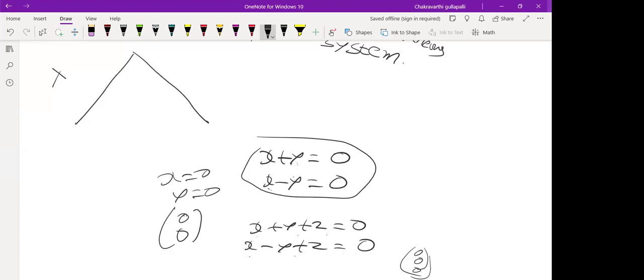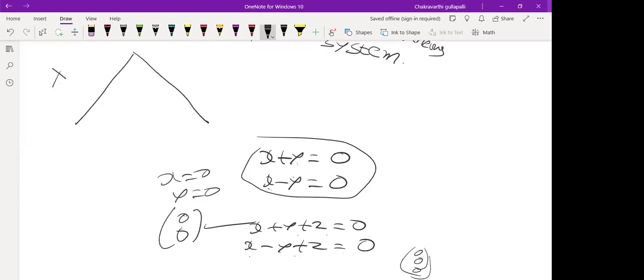For a homogeneous system, the 0 solution is always a solution, because if you put the variables as 0, it is automatically satisfied. The question is whether that is the only solution, or whether the system has some other solutions also. These are the two things we have to discuss.